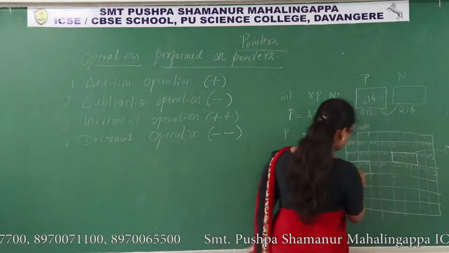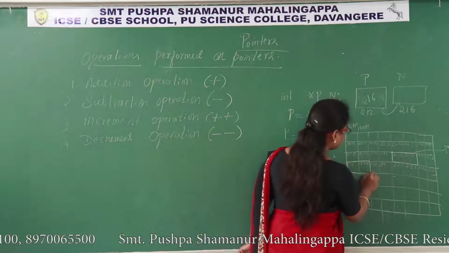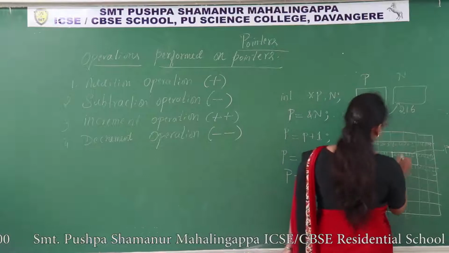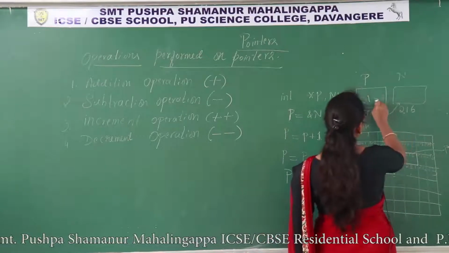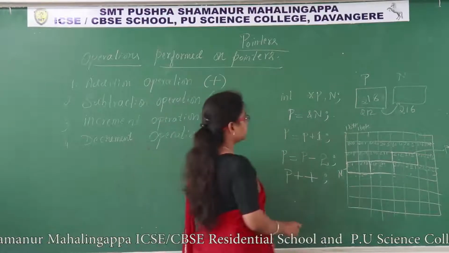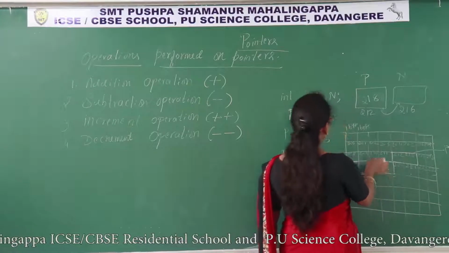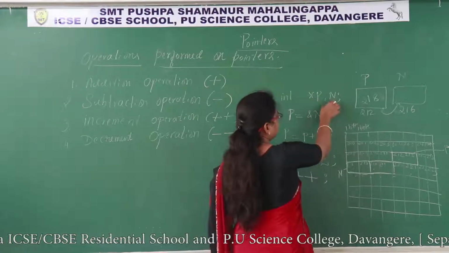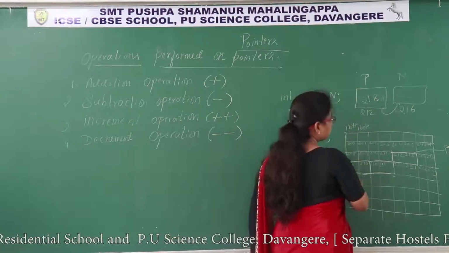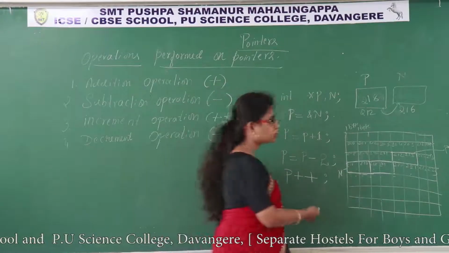So this memory was pointing to 216, now 218. Right now it points to 218. Here I must write 218. Understood? This 218 doesn't have any identifier here. Initially I took a variable n, so randomly it allocated memory 216. Now I incremented the P value by 1, so it moves to the next memory location.